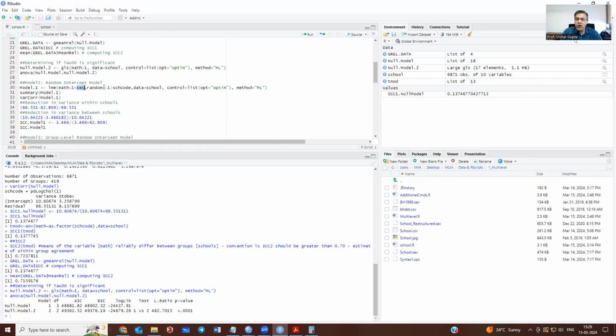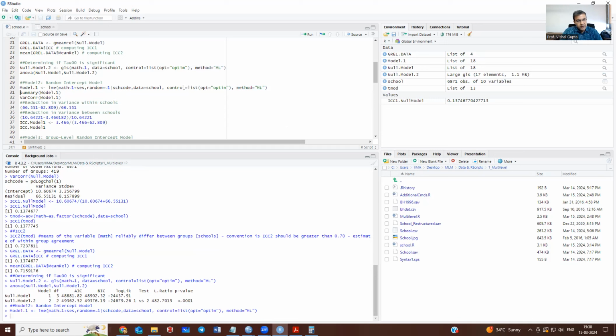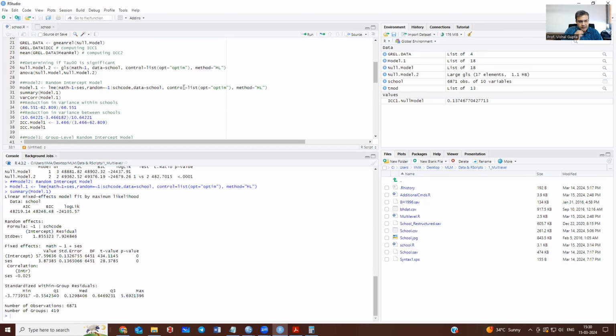We had not brought in any level 2 predictor for the random intercept, so it continues to be random is equal to 1, and it varies as per school code. There is only an L1 predictor as of now, and you see I have added method is equal to ML at the end. This is what we ran, and now we get a summary.